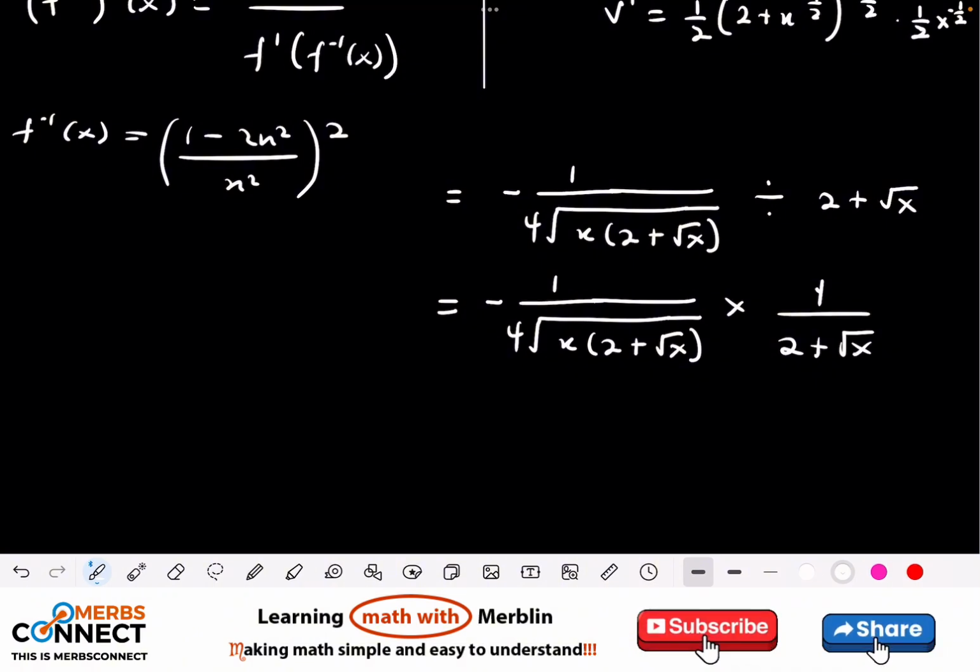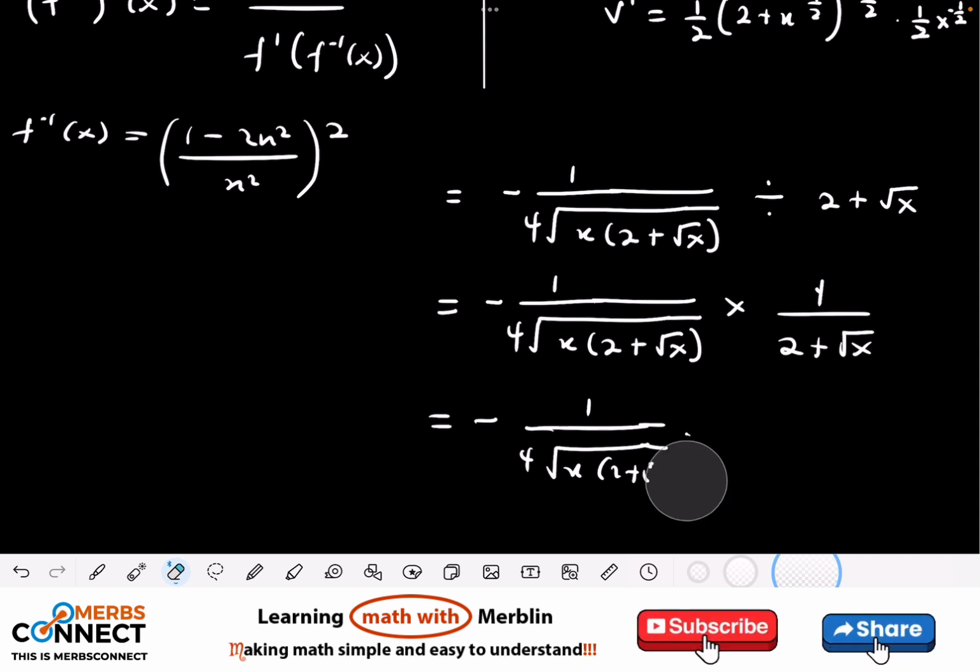So when I combine this, this is going to be negative 1 divided by 4 root of x, 2 plus root of x times. So good. Let me even combine it together. So when I want to multiply, when I bring this one will be 2 plus root 2 root x.